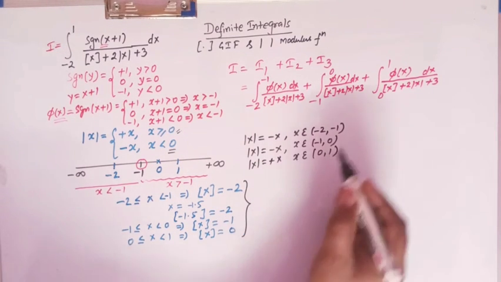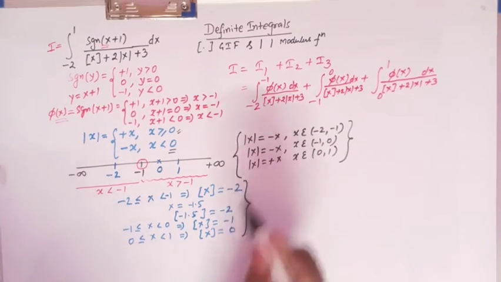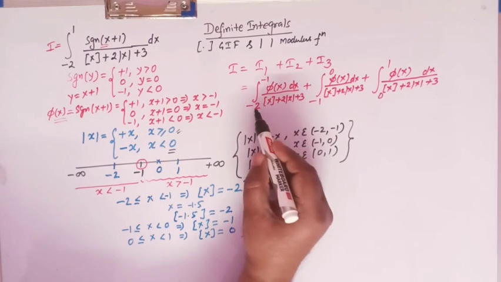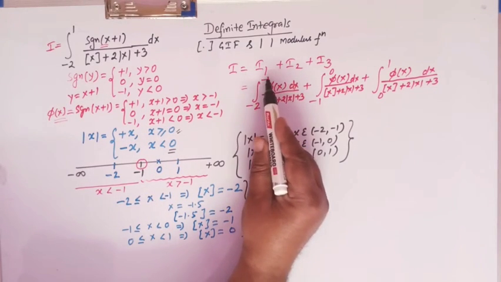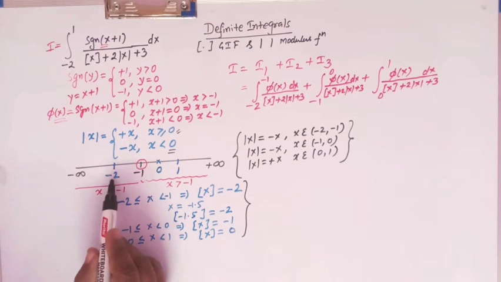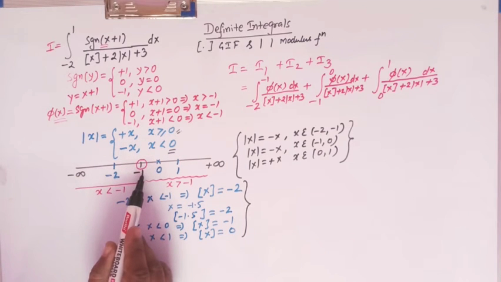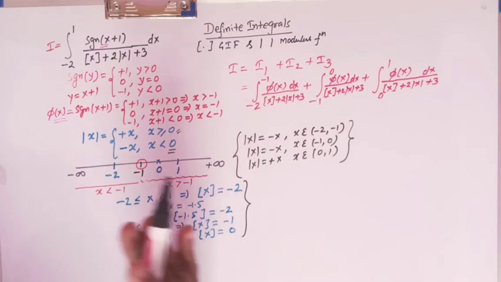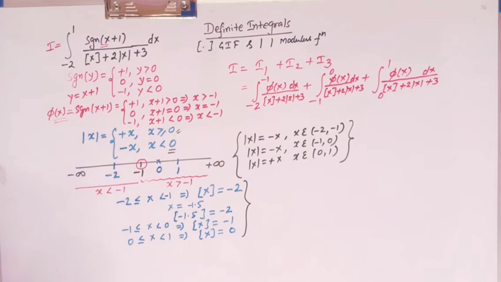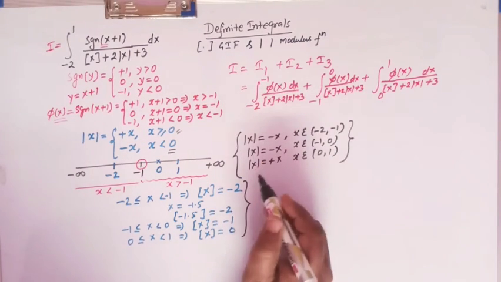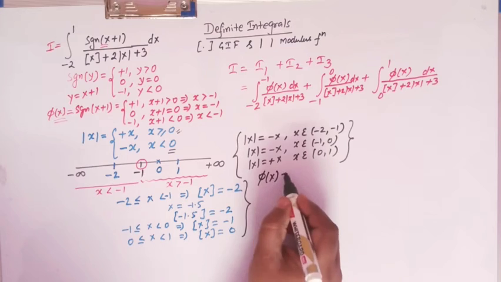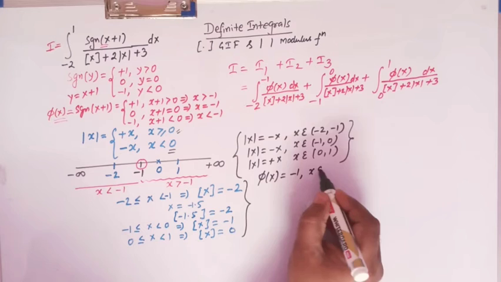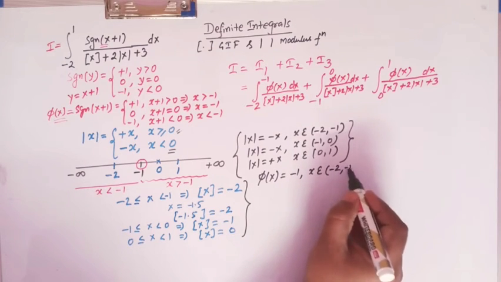Okay, now let us see the signum function. Now here, when x lies between -2 and -1, all the values of x are less than -1, right? So here phi of x, which is the signum function, is equal to -1 whenever x lies between -2 and -1.